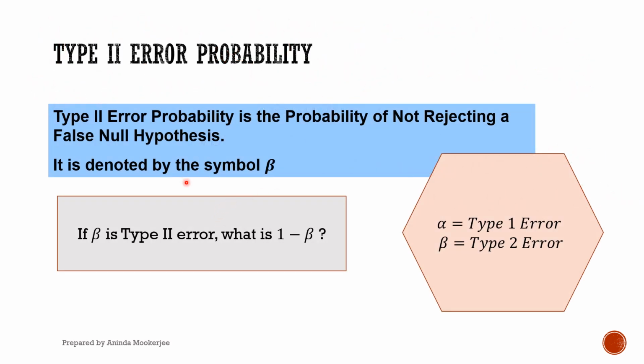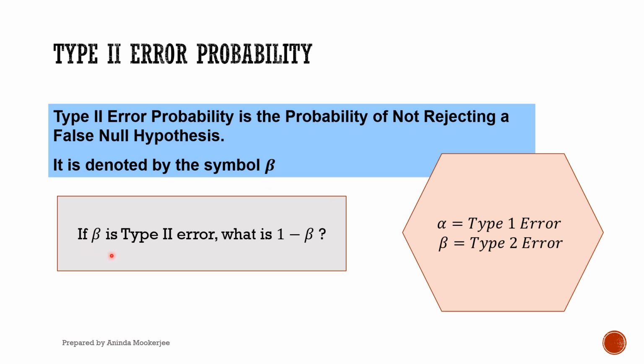Now this slide summarizes what we just discussed previously on type 2 error probabilities. Type 2 error probability is the probability of not rejecting a false null hypothesis, and it is denoted by the symbol beta. So alpha is our type 1 error probability, and beta is related to type 2 error probabilities.